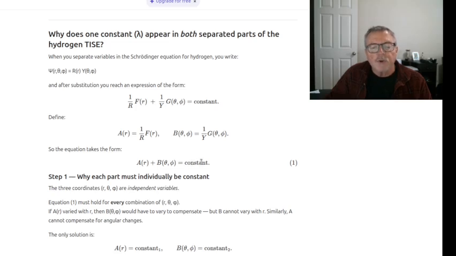Now that forces these two to be constant, because if this isn't a constant, then changing stuff over here shouldn't change that. So this has to be a constant. If this isn't a constant, then changing stuff over here shouldn't have any effect on it. So those two have to be constant.